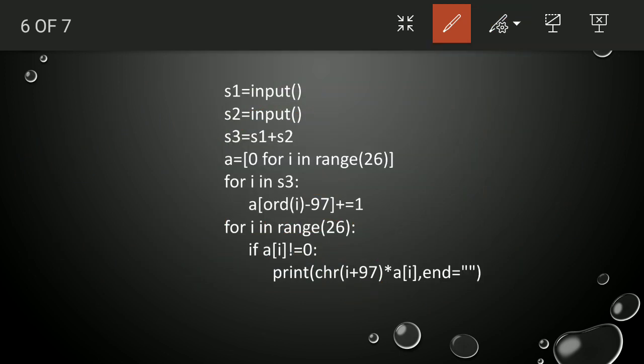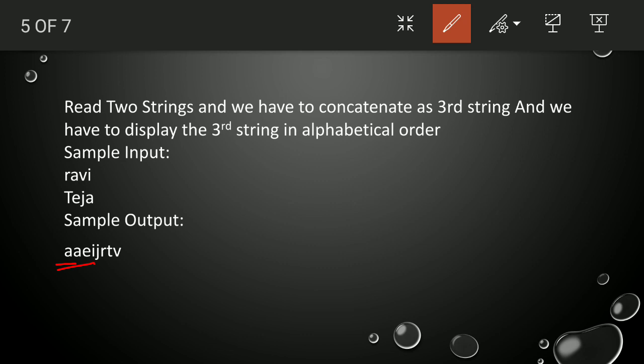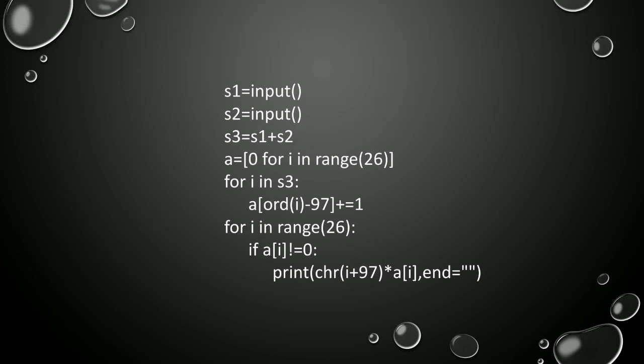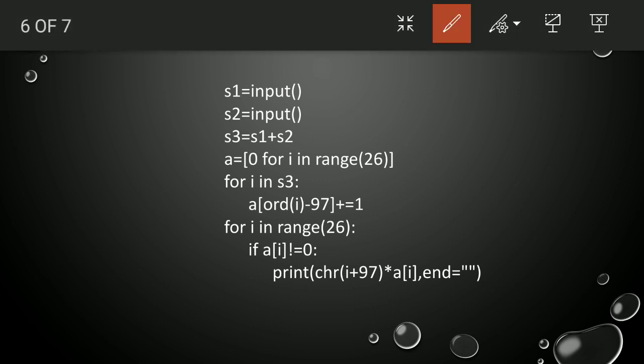Because in Ravi Teja, if you can see, there are two A's. To print both A's, we need to multiply with A of i, and end with a space. So we will get the output.